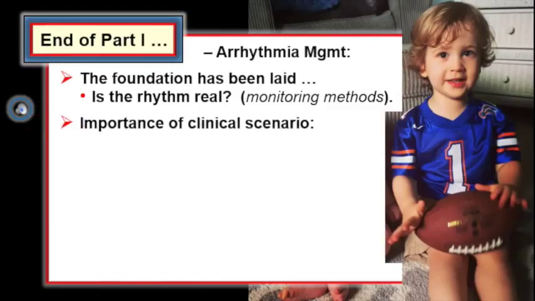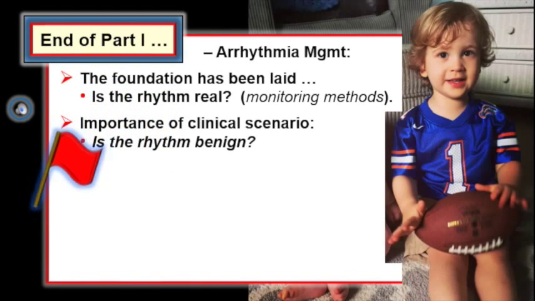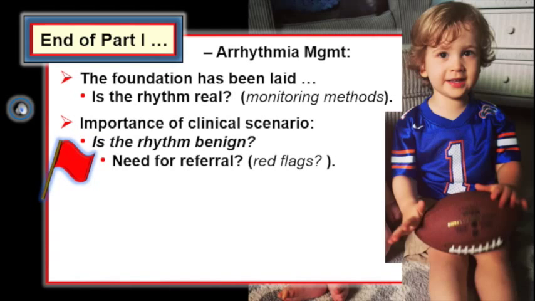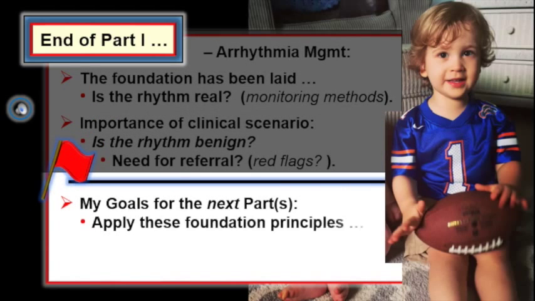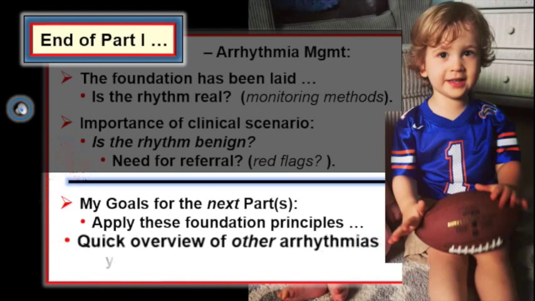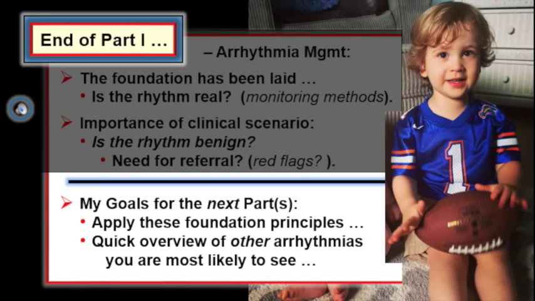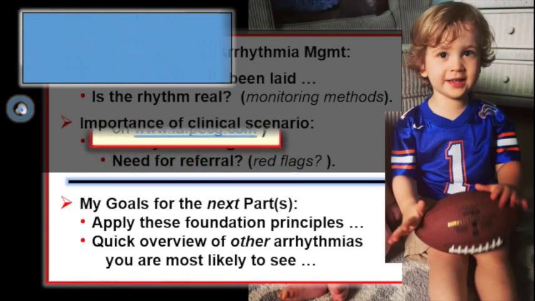A key issue from a primary care perspective is determining if the rhythm is likely to be benign or if there are red flags that signal a need for referral. My goal for the next part of this video is to apply these foundation principles with a concise clinical overview on management of the most common arrhythmias you are likely to see in primary care.